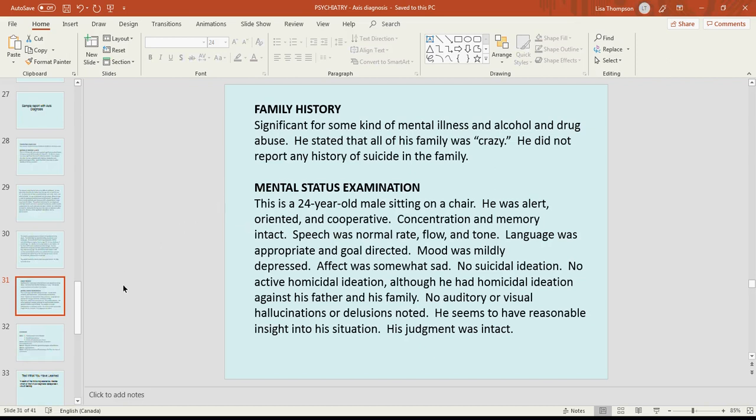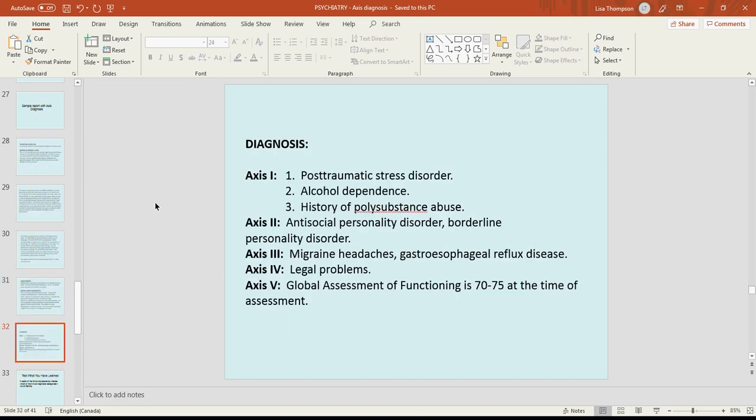It's like a physical exam, except this is all geared to the mental status of the person. So their mood, their speech, and affect and all that. And diagnosis. This is how the report ends, the diagnosis.